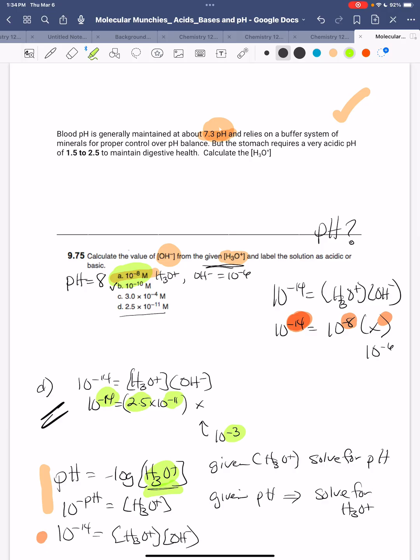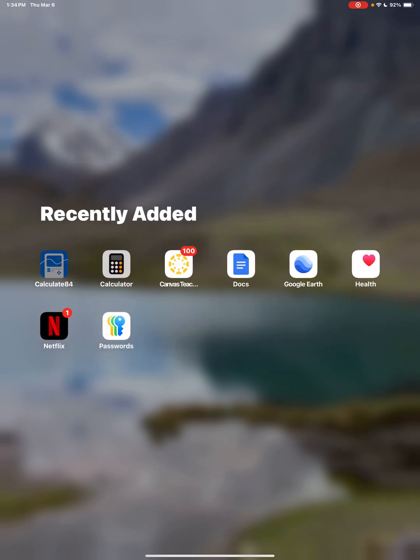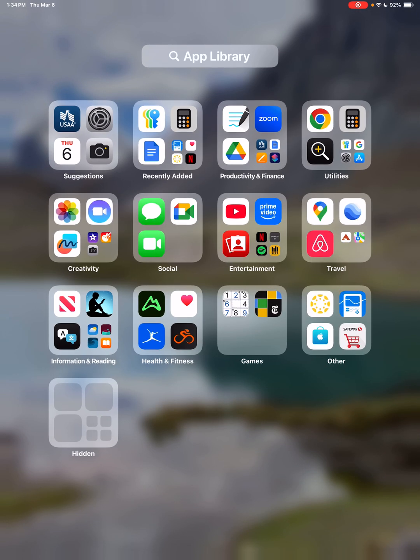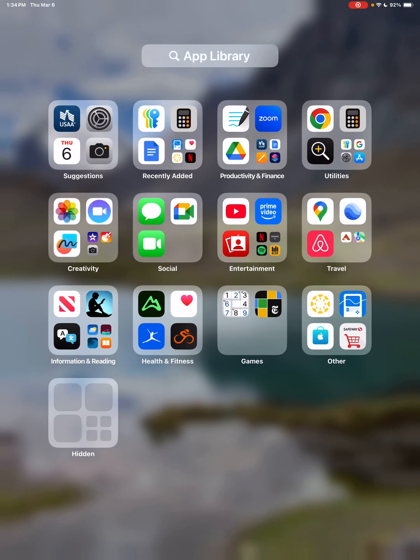So I am going to plug this one in. Basically my math becomes 10 to the negative 14th, and I'm dividing by 2.5 times 10 to the negative 11th to solve for X. So I'm going to take 10 raised to the negative 14th power, and I'm going to divide that by, I have to check my work again, 2.5 times 10 to the negative 11th.